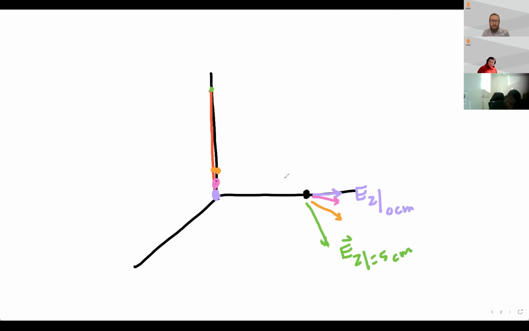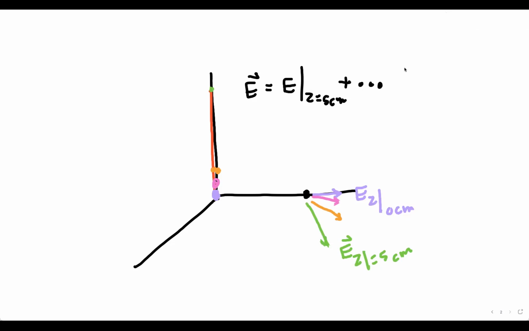So we have all these little ones added up, and the total electric field is E at z equals 5 cm plus and so on, all the way up to the electric field at z equals, oops, sorry, this should be 0.